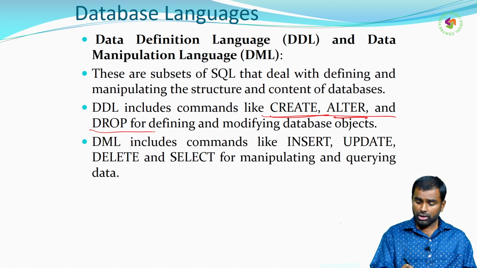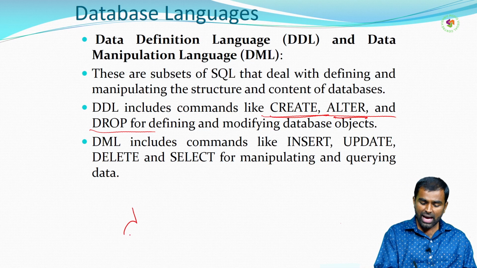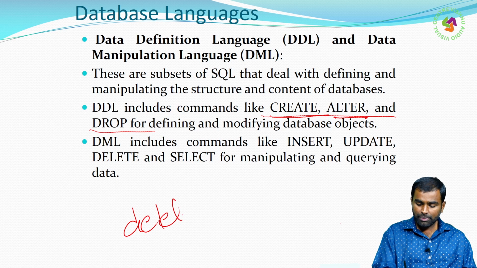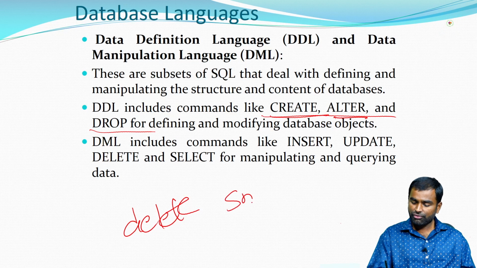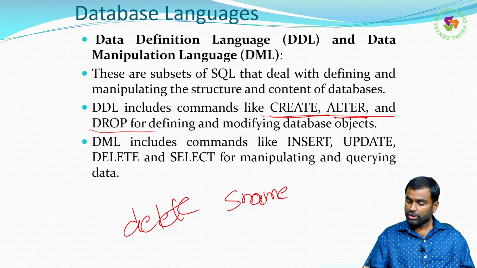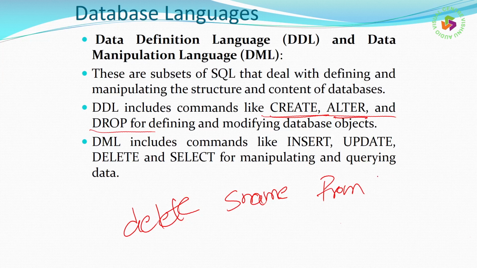Next, if you want to delete any value from the table, for example the student name, delete sname from the table name, that is student. Student is the table name. In the student table you want to delete the student name.